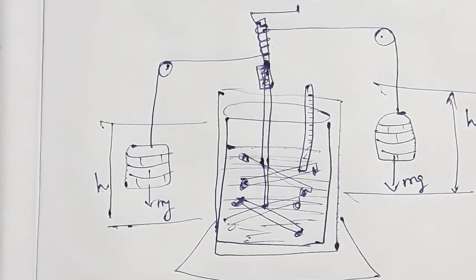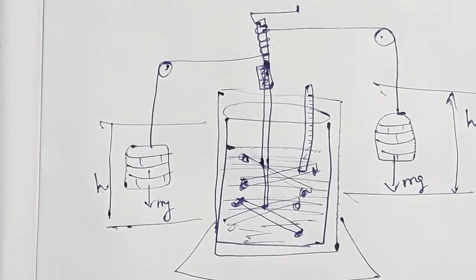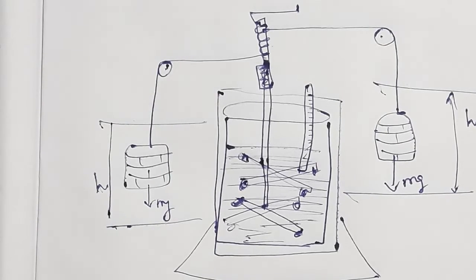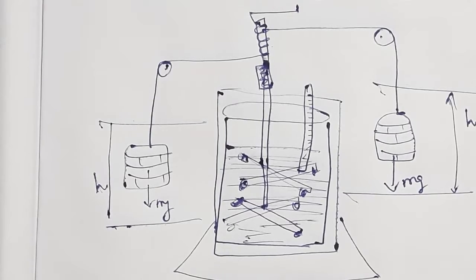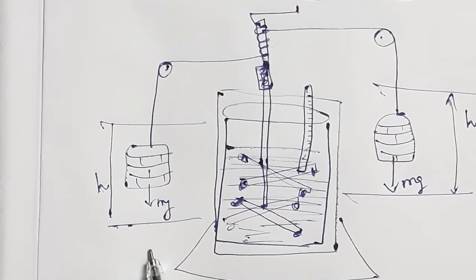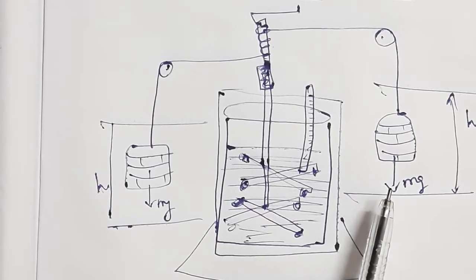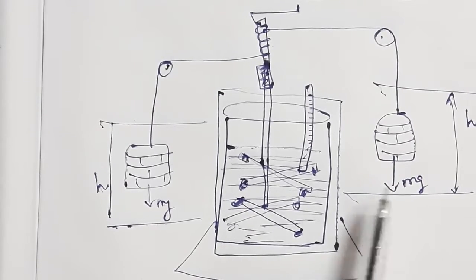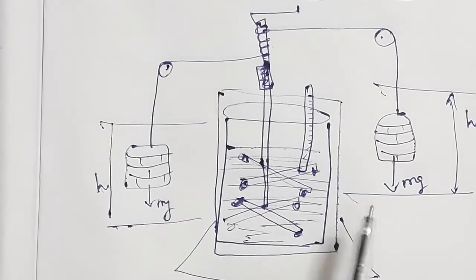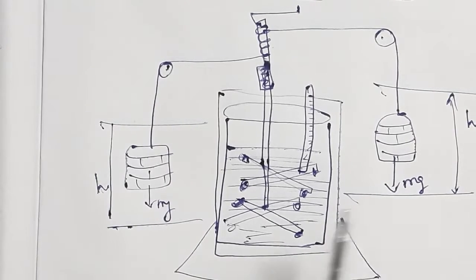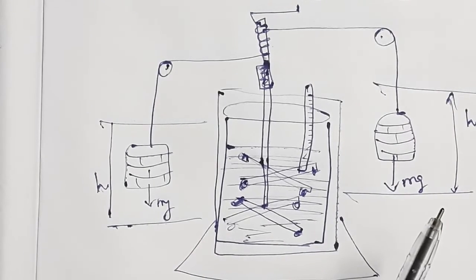How is this height measured? When these masses fall through a distance h because of gravity, the masses lose their potential energy.